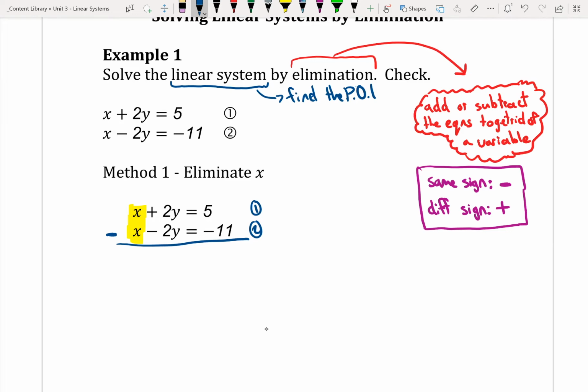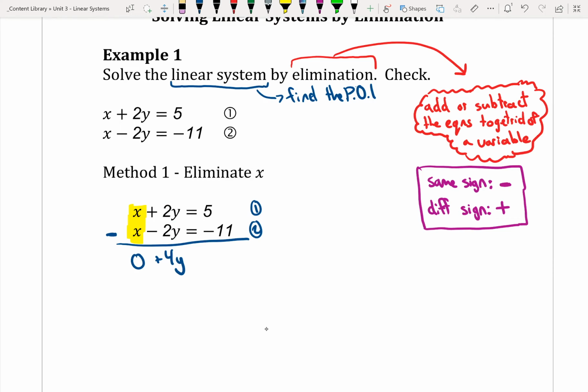So x minus x is just 0. And next we have 2y minus negative 2y, so this becomes plus 4y. One of the key things is when you're figuring out your operation, you want to do this term, this operation, with this term. So it's 2y minus negative 2y.